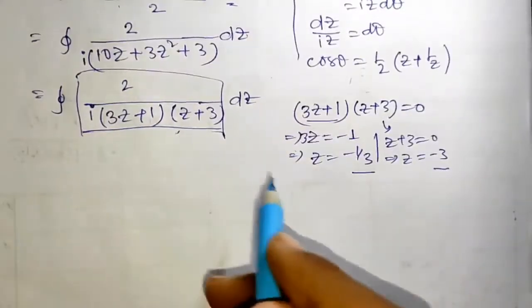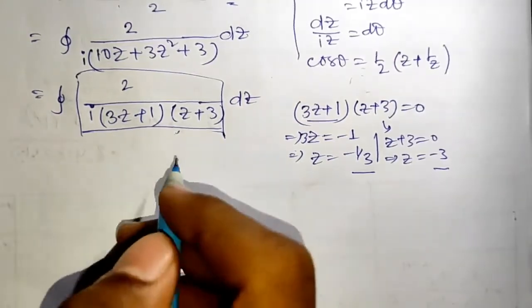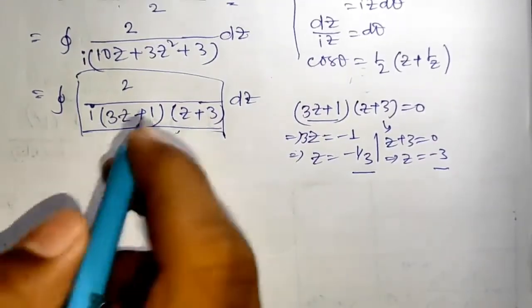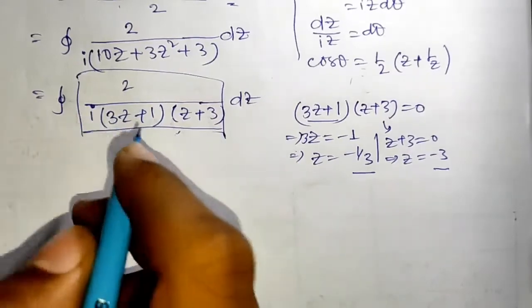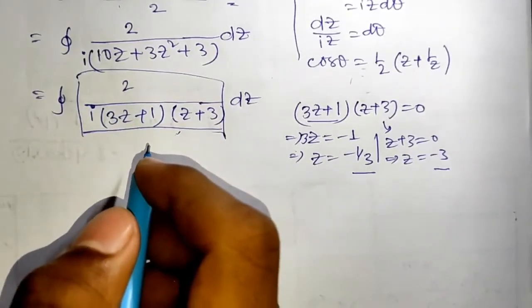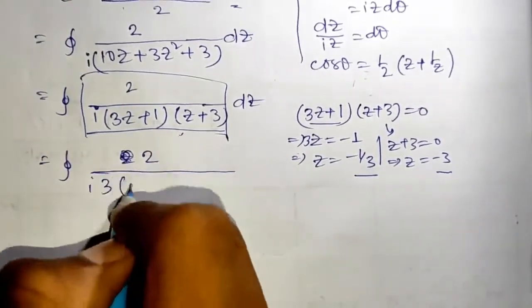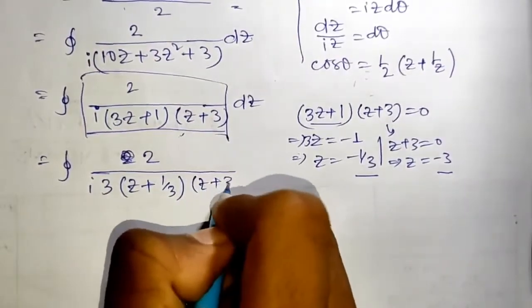To use this formula, we have to convert this integral to look like this. To apply that formula, we have to bring this integral into that type of integral. So what do we have to do? If we take 3 common from here, then it becomes like this.